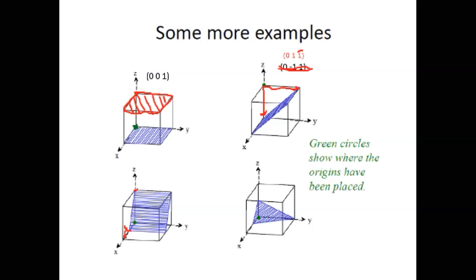So then the HKL indices would be 2, 0, 1. Because again, it crosses the x-axis at a half, it crosses the z-axis at 1, and it will never cross the y-axis. So this is the 2, 0, 1 reflection plane.